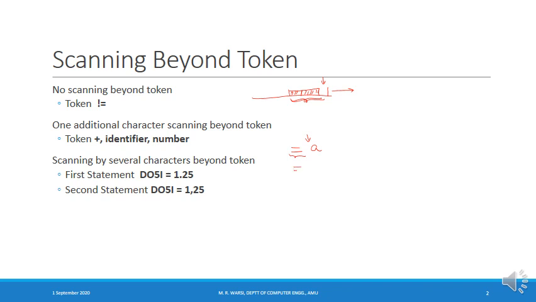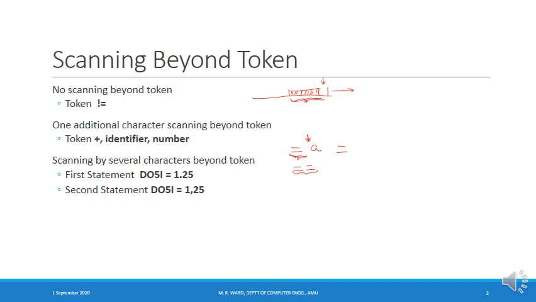On the other hand, if after the first equal sign there is one more equal sign, then this will not be the token, rather this will be the token. So in order to know that this is the token, I will have to look at the next character. So in this case, for the single equal sign, scanning by one extra character is required.